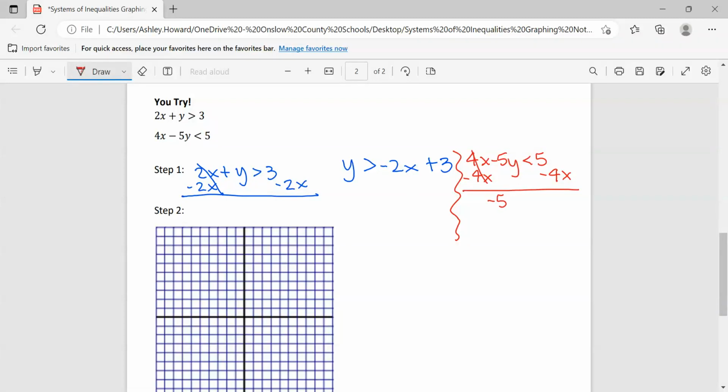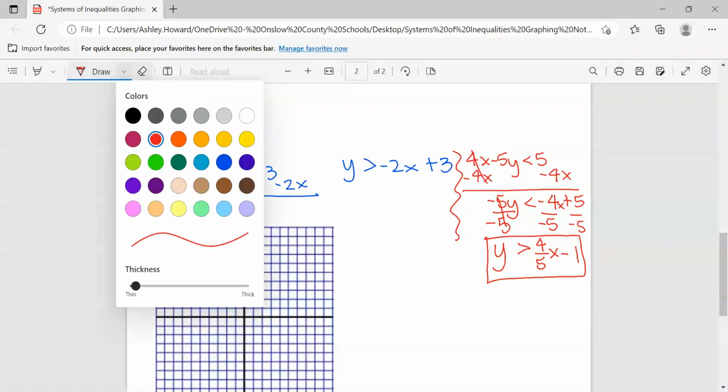And for this one, we've got a negative 5 on the y. So we're going to have to divide by that negative 5 on every term. And remember, when we do that, this is going to flip the inequality symbol because we divided by a negative. So we're going to get 4/5 x and negative 1. So these are the two inequalities you're graphing for this one.